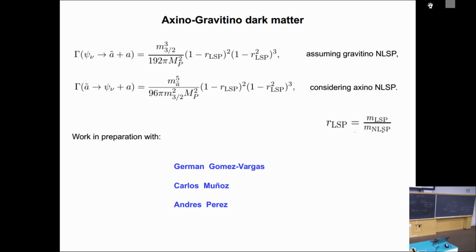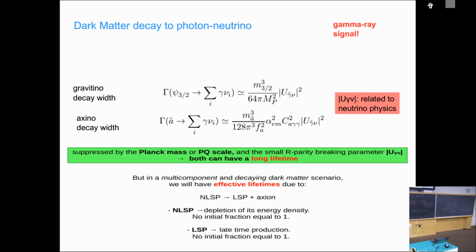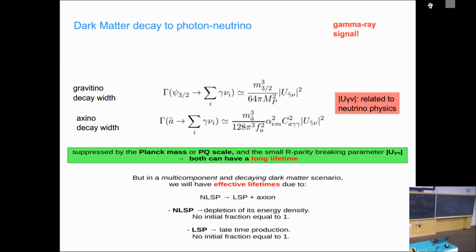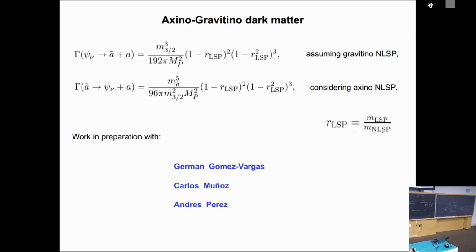In this case, we were using e-ASTROGAM, which we don't know if it's going to be built or not, but since that experiment was thought of with a new technology, in principle we could use it as a test. How possible is it to have this kind of signals coming from two candidates for dark matter together? The dark matter is a composition of gravitino and axino.